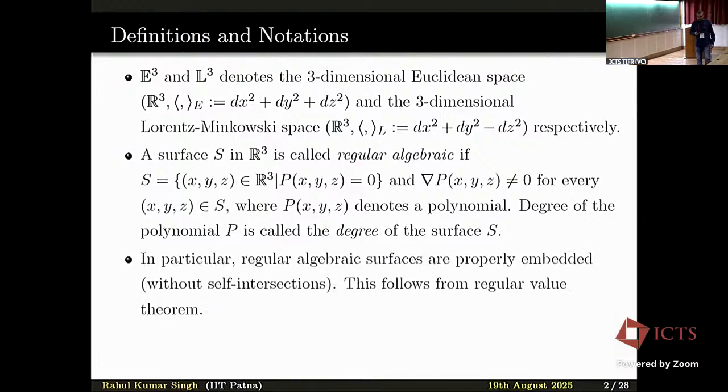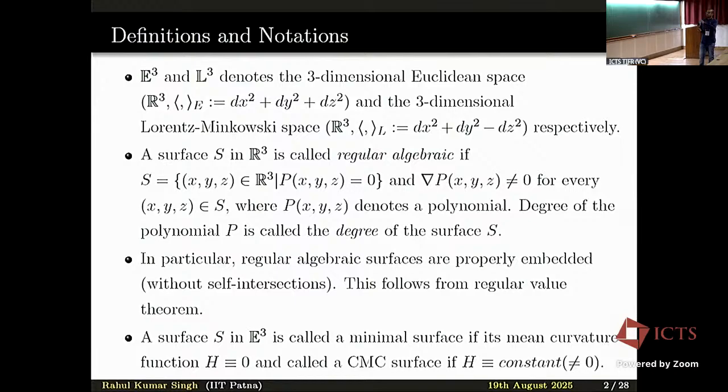Okay, so in particular, one can see that these regular algebraic surfaces are going to be properly embedded. They will not have any self-intersection, and this follows from the regular value theorem. So when we say regular algebraic surface in R3, that means you're not going to see any self-intersection.